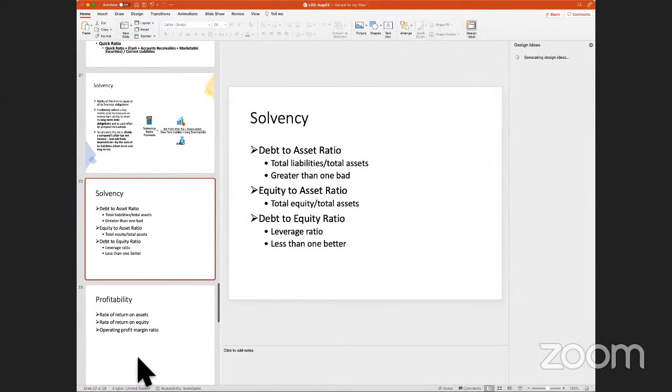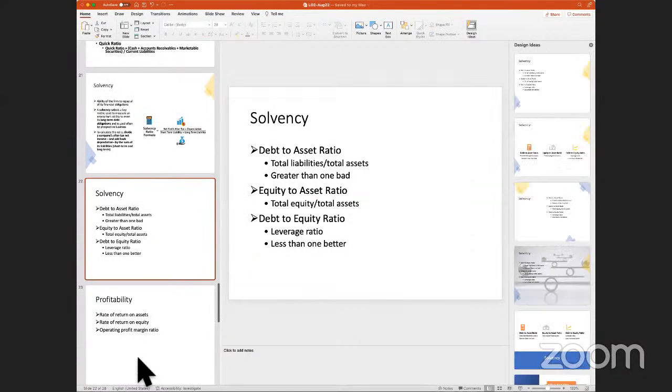Now, they can be of different types: debt to asset ratio, equity to asset ratio, and debt to equity ratio. We won't go into details of these, but these are different types which are utilized to calculate different types of solvency ratios.